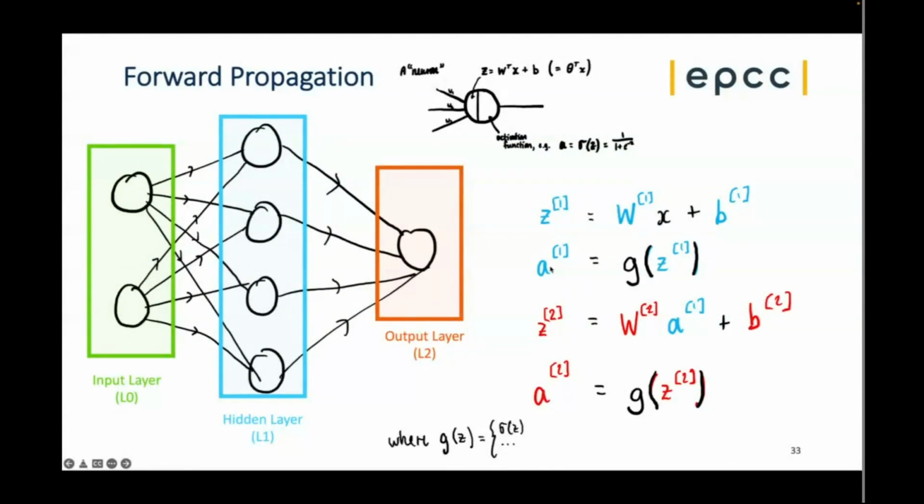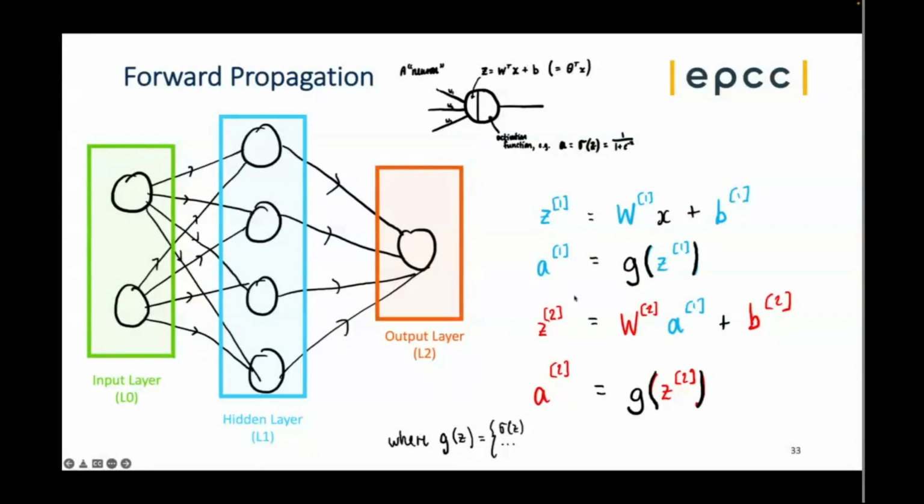Then you apply the activation function, which I'm using G for here as a general function, so it could be any of the activation functions that we saw on the previous slide. And that gives us the activation A1 coming out of this hidden layer. And then we just do this repeatedly for all of the layers.